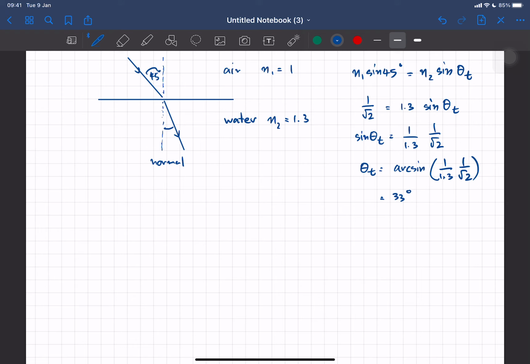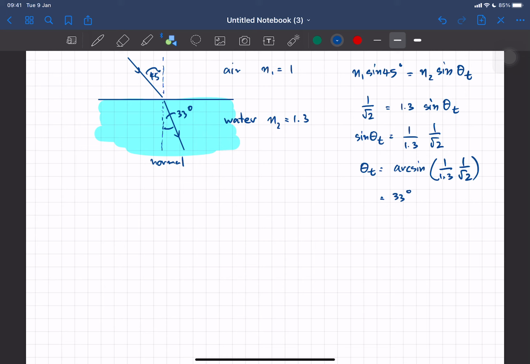And you can see that 33 degrees here is less than 45. So you're going to have the light refracted towards the normal line. So if we have this to be water, it behaves like this. Now let's say we flip from air to water and from water to air.